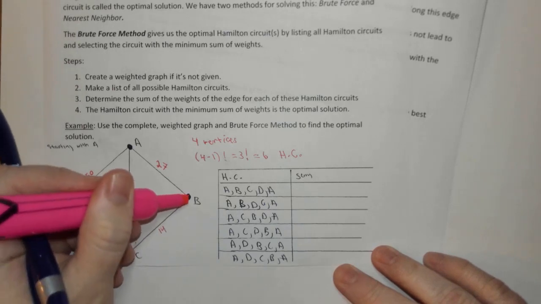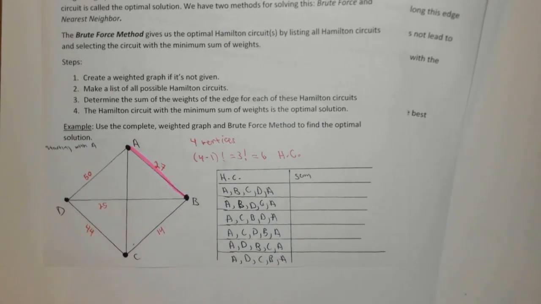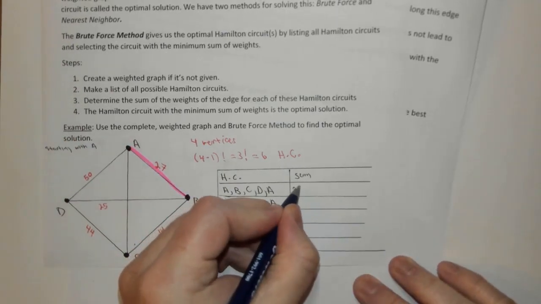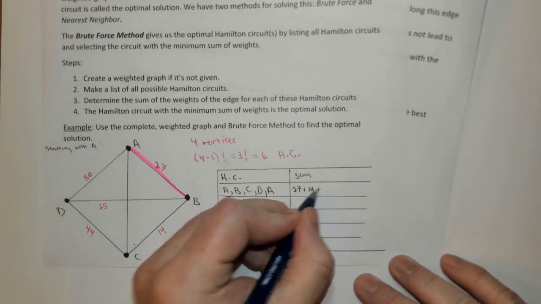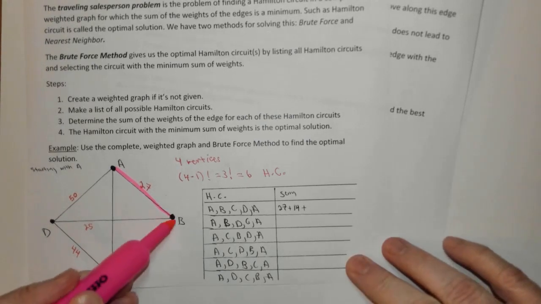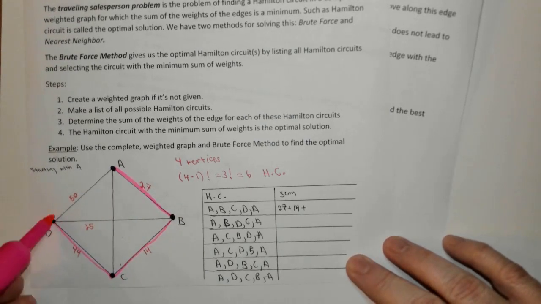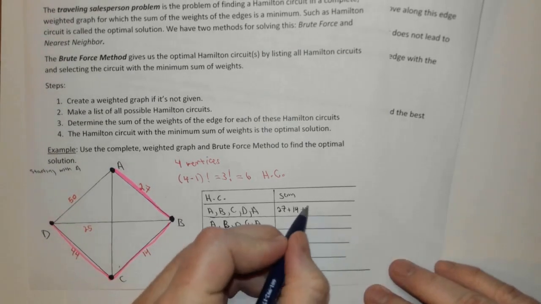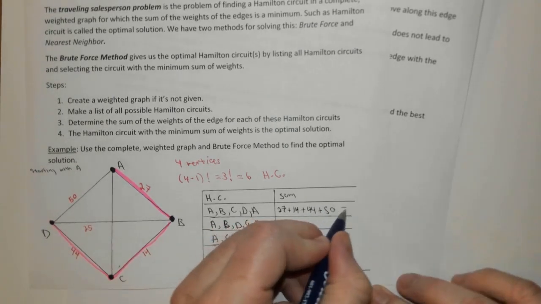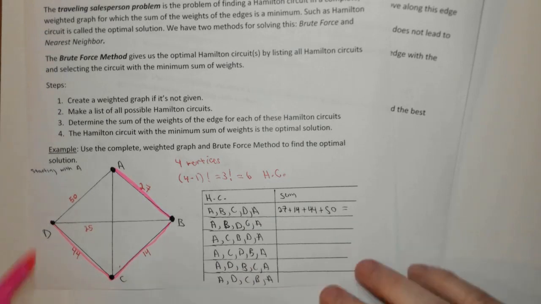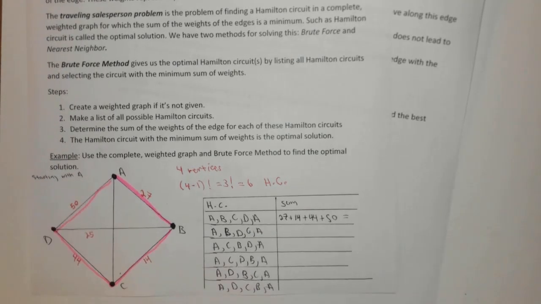So we went A to B, and then B to C, and then C to D, and then D to A. And we're going to get the total there.